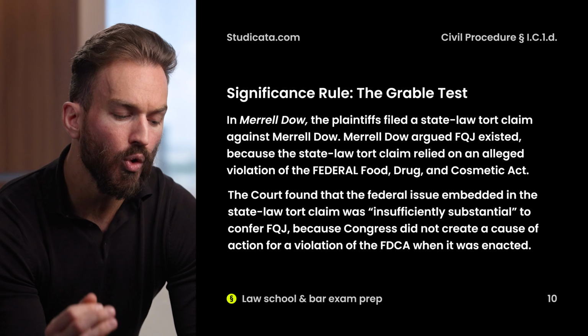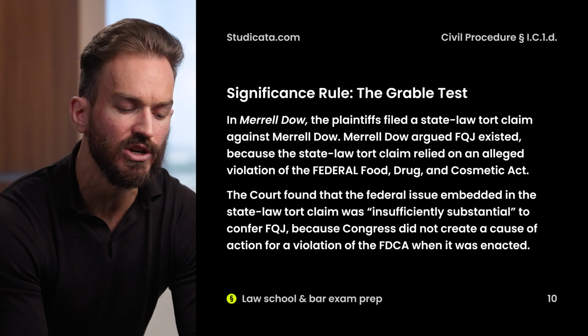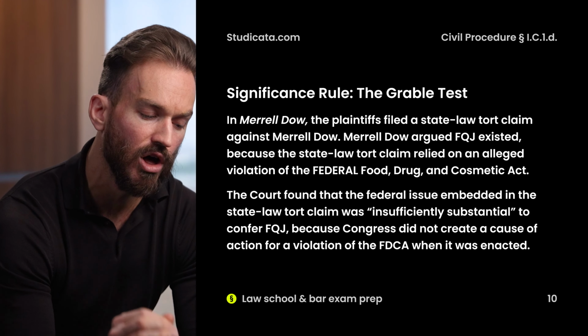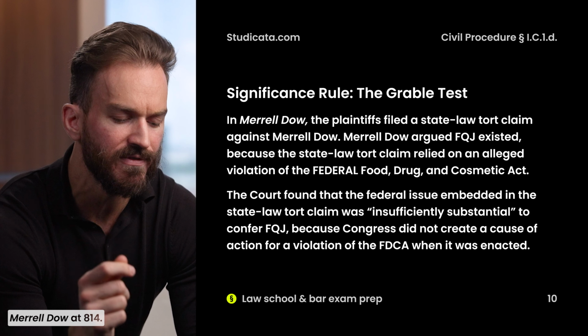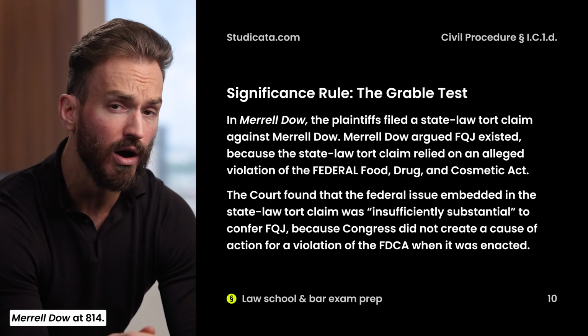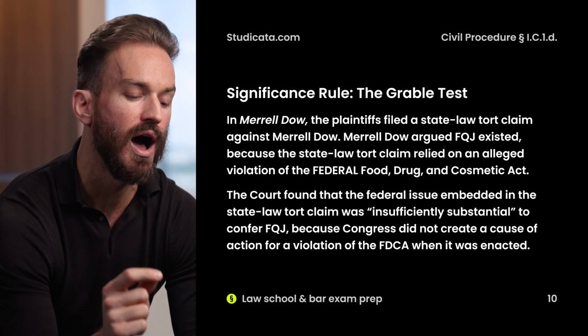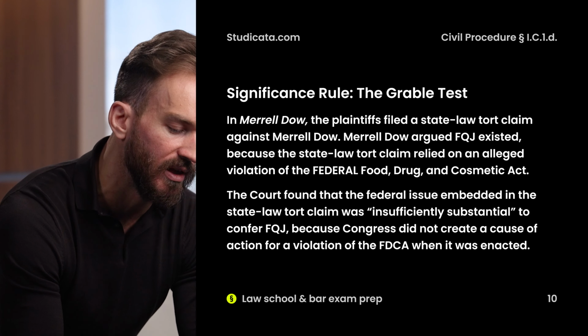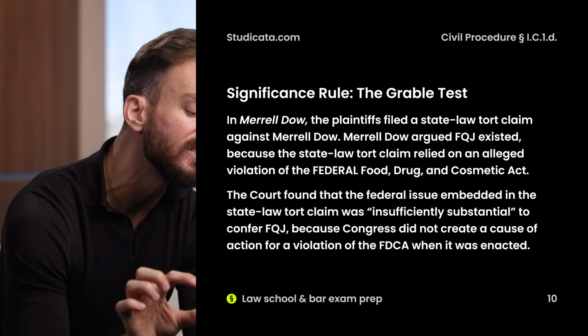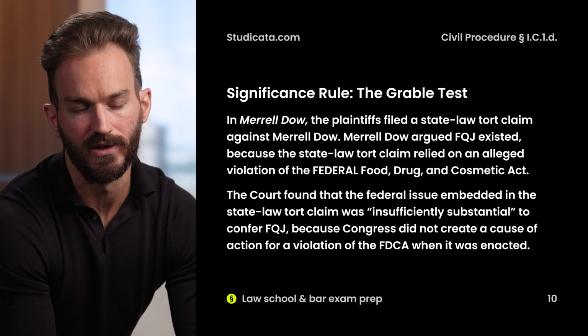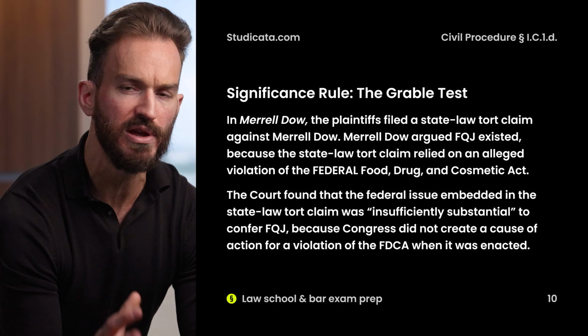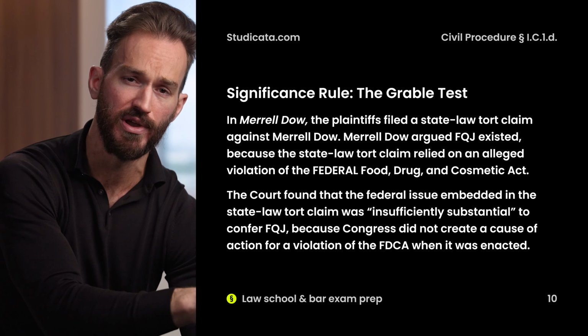Okay, so the court found here that the federal issue embedded in the state law tort claim was insufficiently substantial to confer federal question jurisdiction because Congress did not create a cause of action for a violation of the FDCA when it was enacted. So basically here, the Supreme Court really doubles down on the creation test.